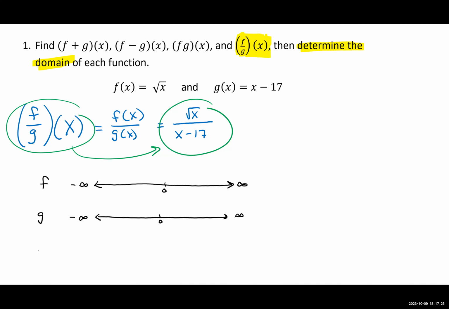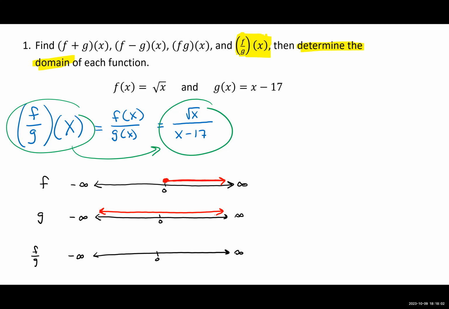We want to know if the entire number line is the domain, or only part of it. So, negative infinity to positive infinity, 0. The first two are already done. We've been using the same functions for each problem. The domain of f is no negative numbers, so 0 and everything to the right. The domain of g is everything, all real numbers.